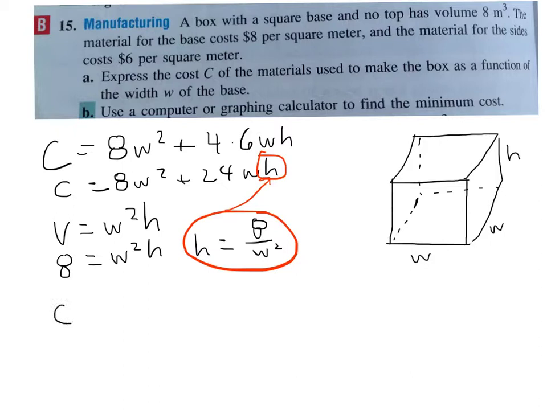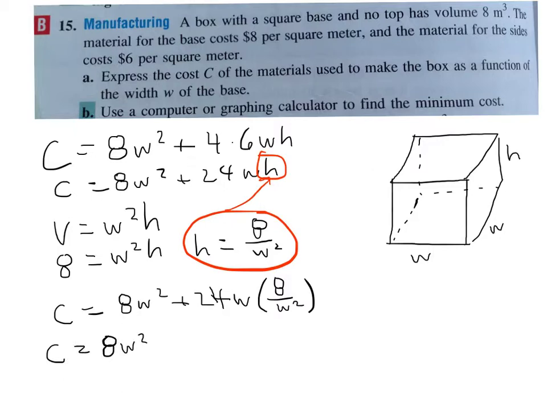So that gives us C equals 8W squared plus 24W times (8 over W squared), or C equals 8W squared plus, 24 times 8 is 192, so that's 192W divided by W squared.